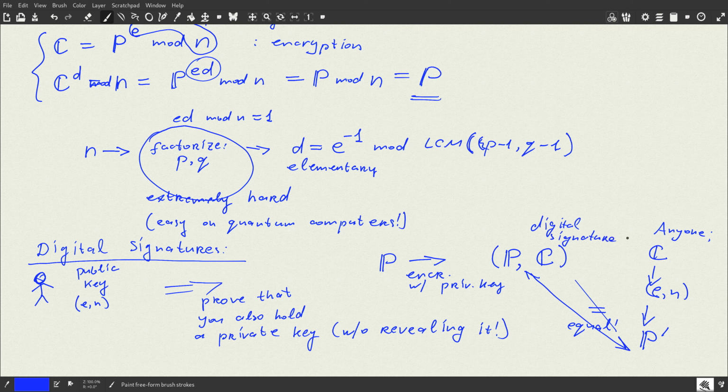If from this digital signature, by applying your public key, anyone can hatch out the original plain text message, then this proves that the person who has sent this message is indeed in possession of the corresponding private key, right?